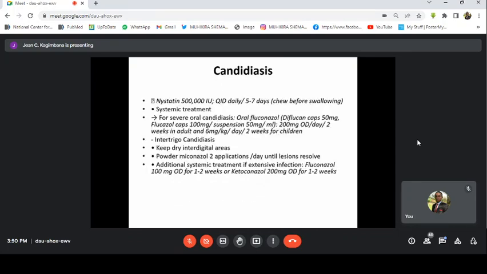In the mouth, you can use nystatin, chew it 5 to 7 times per day, and then you swallow. You have a systemic treatment. We have said it, oral fluconazole. For intertriginous candidiasis, keep the interdigital areas dry. You may use an antifungal powder, like miconazole, etc.